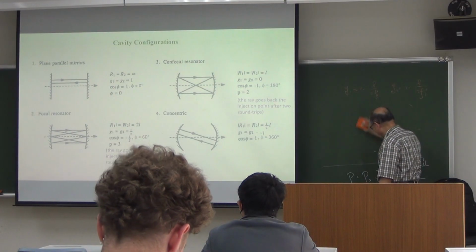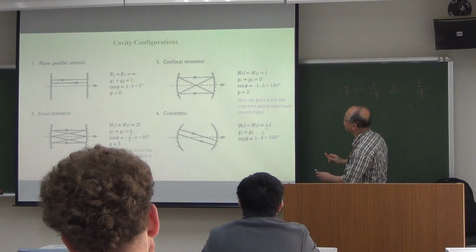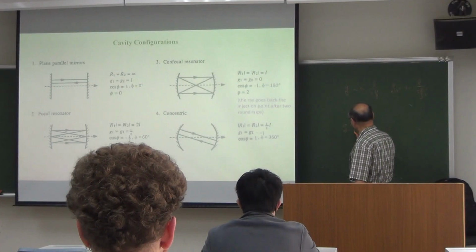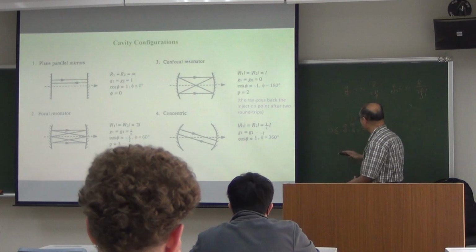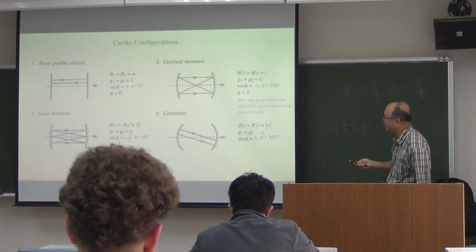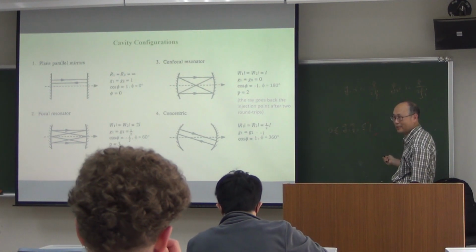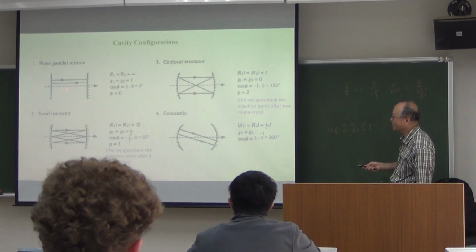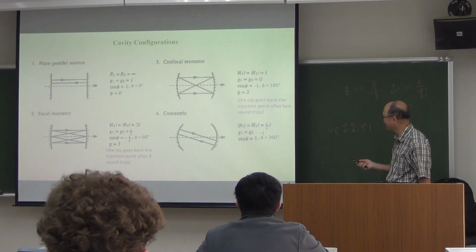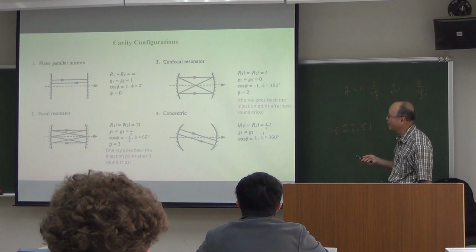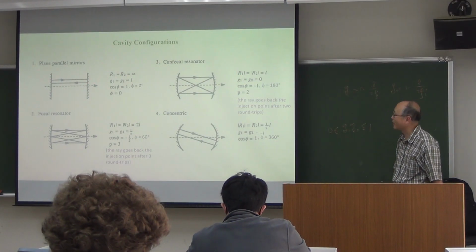If we go back to the criterion, that is G1, G2 less than 1, larger than 0. If you set G1, G2 equal to 1, you are on the boundary of the stability. And that is why this cavity is sort of stable, but not so stable. It's right at the boundary, okay? If we just misalign this ray a little bit, then the light ray will go away.